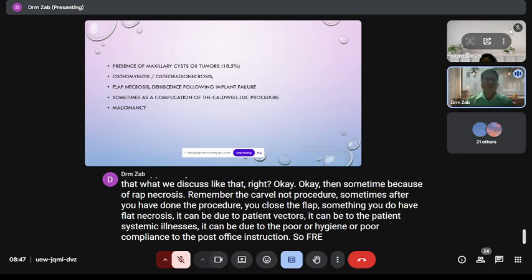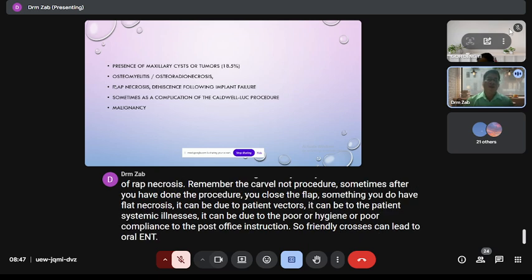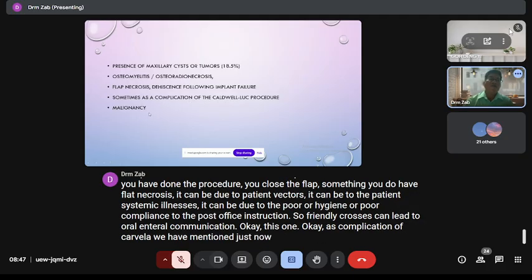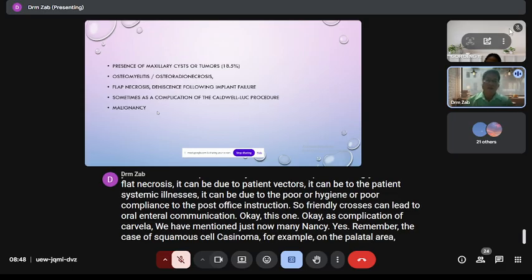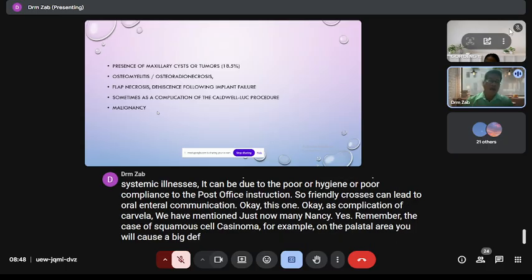So flap necrosis can lead to oro-antral communication. Okay, this one, complication of Caldwell-Luc, we have mentioned just now. Malignancy, yes, remember the case of squamous cell carcinoma, for example, on the palatal area, it will cause a big defect on the palate when you remove the tumor.